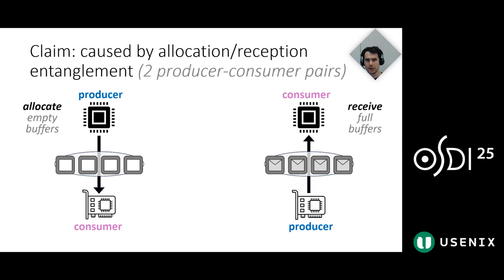We claim this problem is caused by an entanglement of two pairs of producer-consumer structures in each receive ring, one for allocation and another for reception. In one, the CPU produces empty buffers for the NIC to consume. In the other, the NIC produces packets for the CPU to consume.